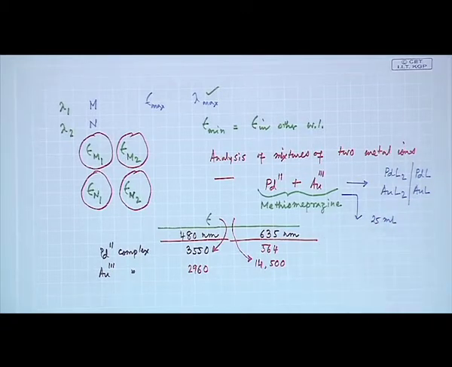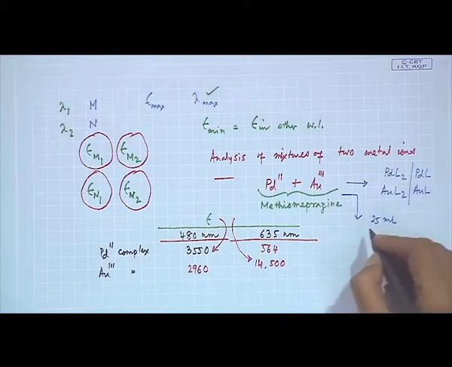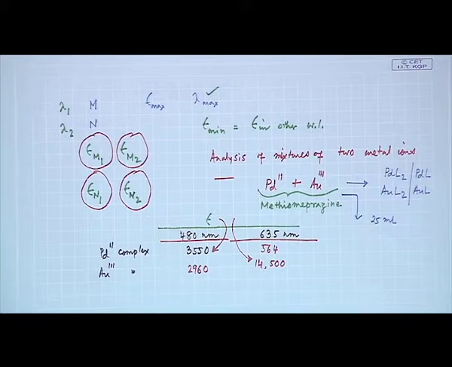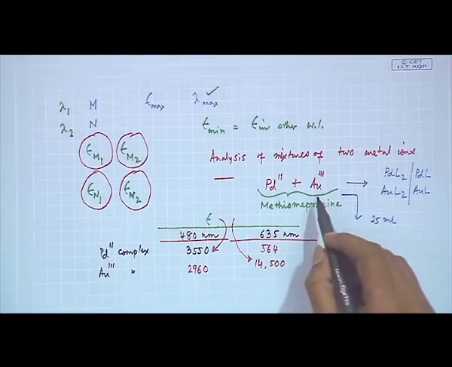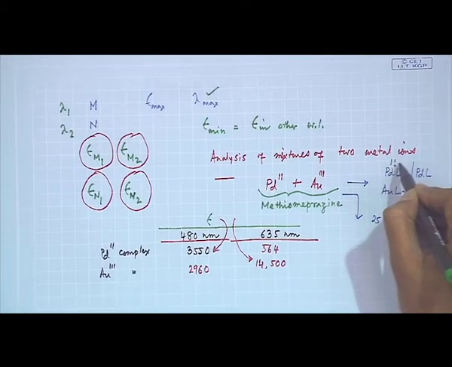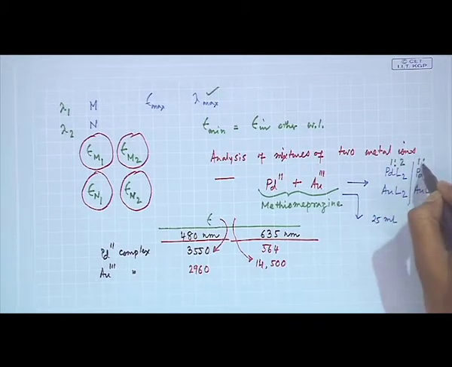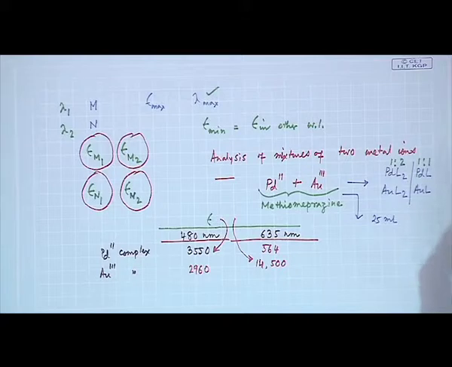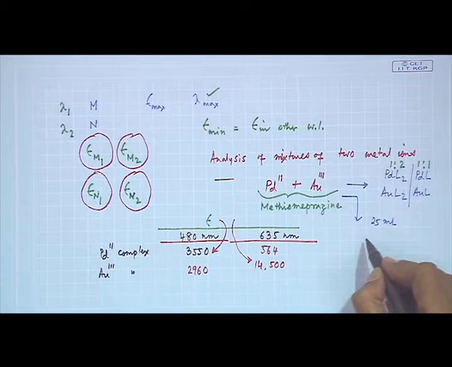This 25 milliliter of reagent is an excess quantity. It is not that we are following a ratio of 1:2 for this type of complexation or 1:1 for that type, but we are putting this particular reagent in excess.